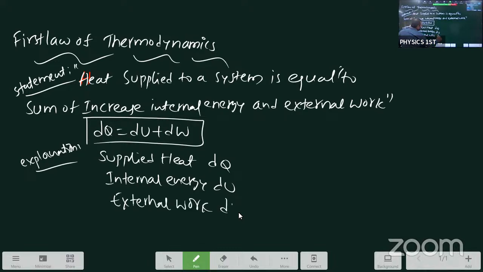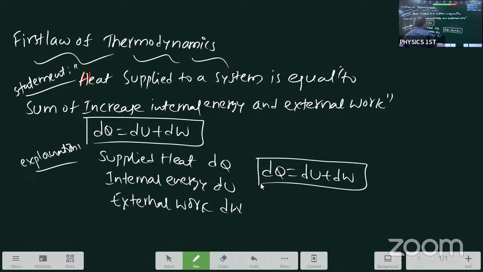So we write that supplied heat equals the sum of internal energy plus external work: dq equals du plus dw.